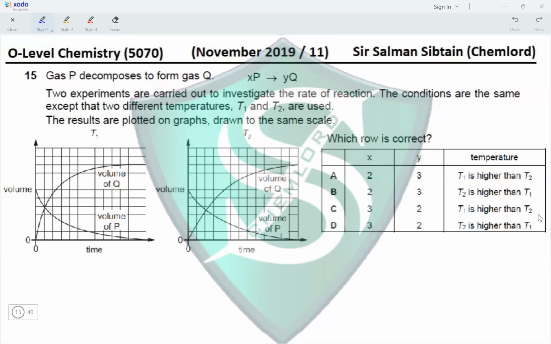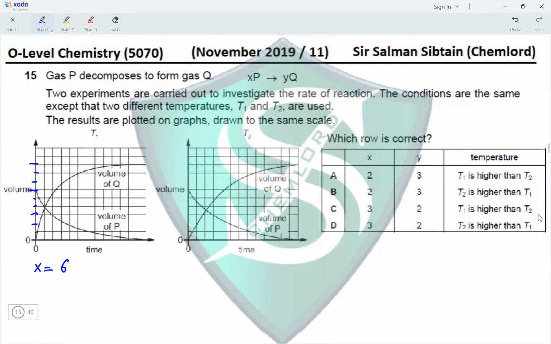So initially we have X here. So this would be 1, 2, 3, 4, 5, 6. X would be 6. And this is the final Y produced. So 6, 7, 8, 9.